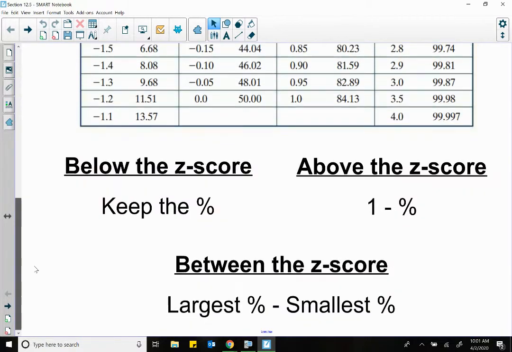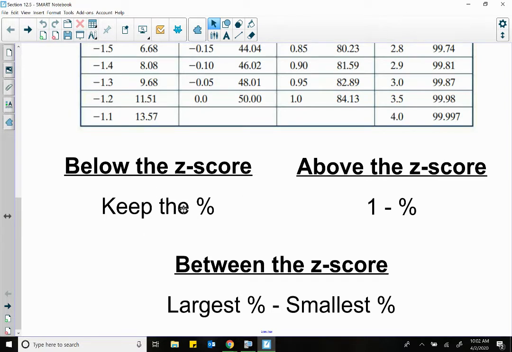But the big thing I want you to know is right here. This is how you're going to get through this assignment. If they are asking for an answer that is below the z-score, you're going to keep the percent that you find from the table, because these are percentiles. So when they say find me an answer that is below this z-score, keep the percentile.